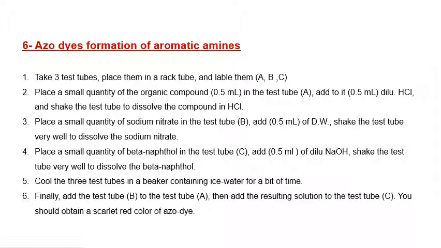Third is to place a small quantity of sodium nitrite in test tube B, and add 0.5 ml of distilled water, shaking the test tube very well to dissolve the sodium nitrite.